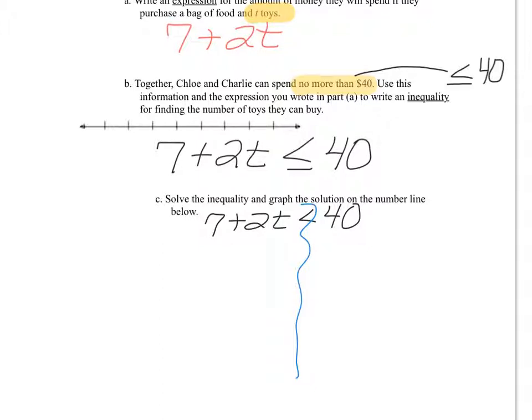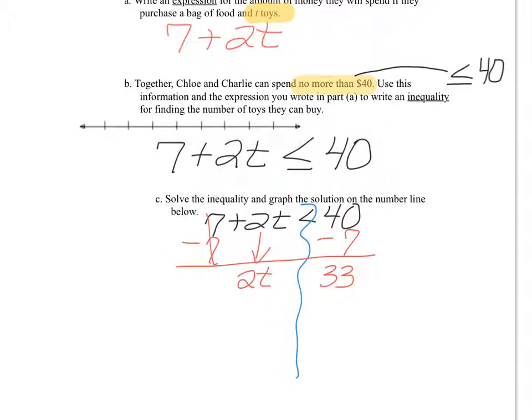So 7 and 40 are on opposite sides of the river, so we're going to do opposite operations. So I'm going to minus 7 and minus 7, and I'm going to get 2t, and 40 minus 7 is 33.